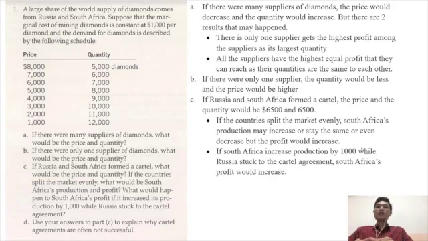South Africa's profit would increase, because according to the prisoner's dilemma game, when they agree on a cartel agreement, they promise to produce a certain quantity, so that they both benefit.